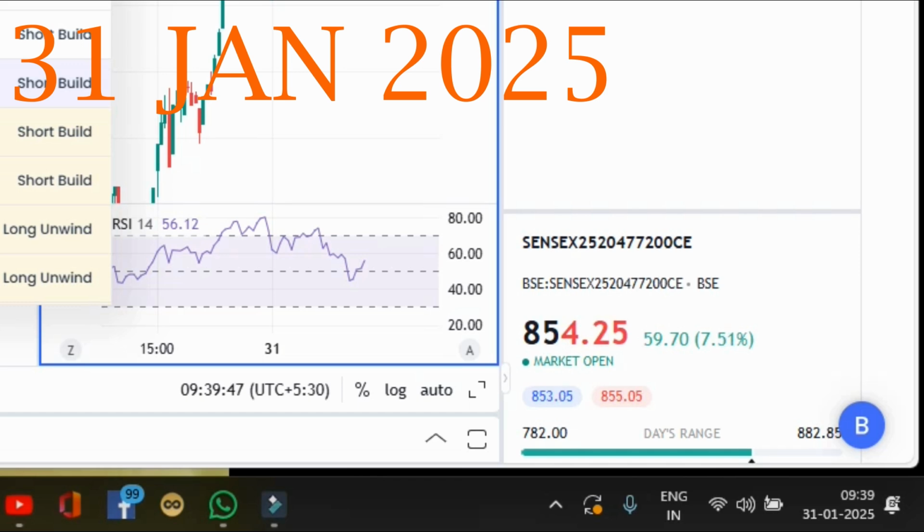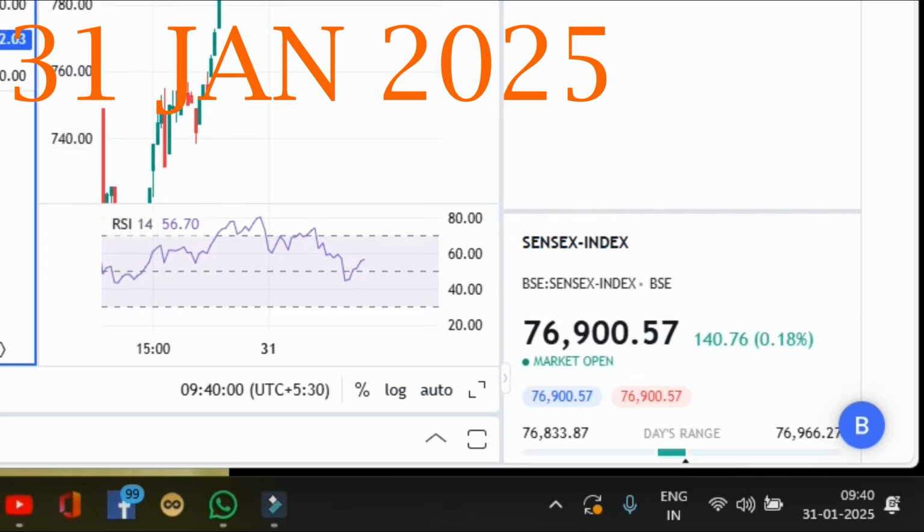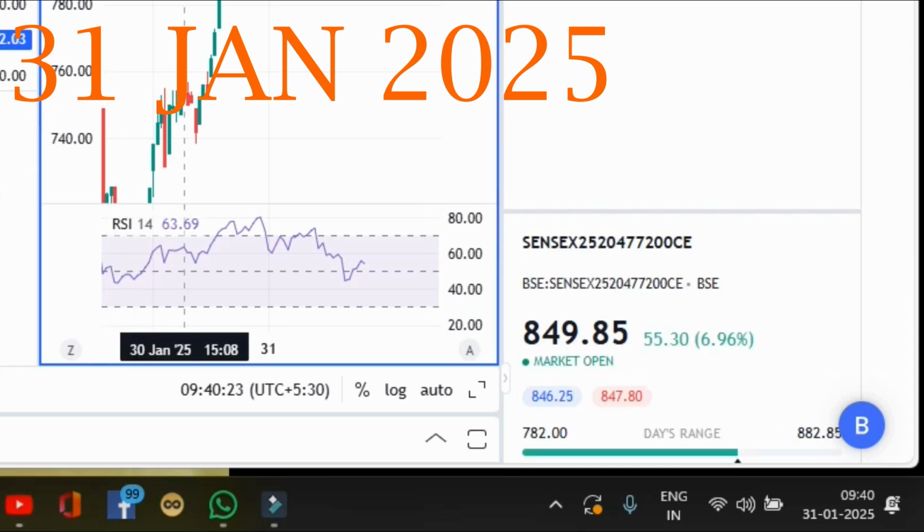See, the edge of identifying what option will increase, how much you should take profit, what strike price you should select, and what direction you should select, this really matters. Okay, so now according to the option chain, this is likely to move towards 77,000 and above, which is trading now at 76,880 nearby.